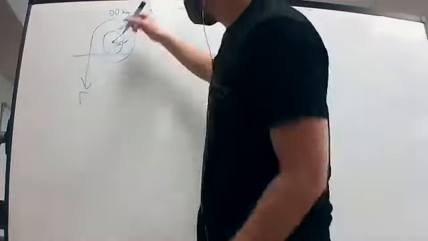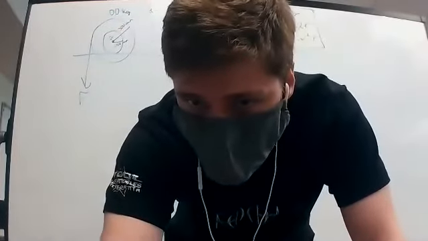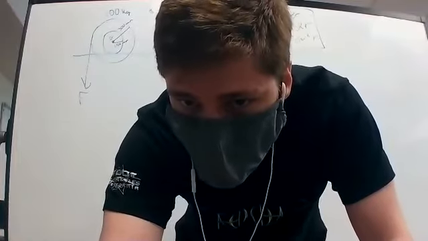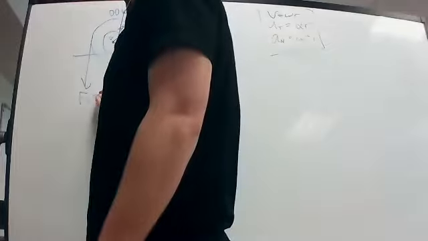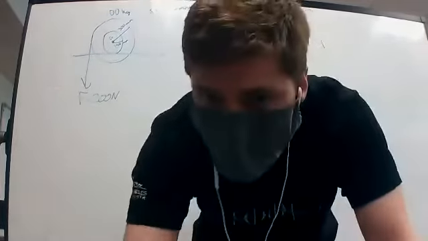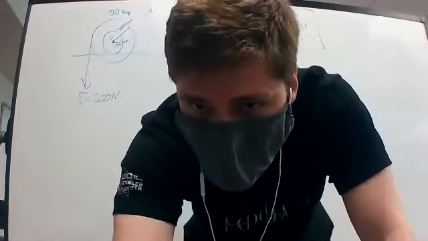The center is referred to as G. A vertical force of F equals 200 newtons. Mu sub S is 0.3, mu sub K is 0.25.